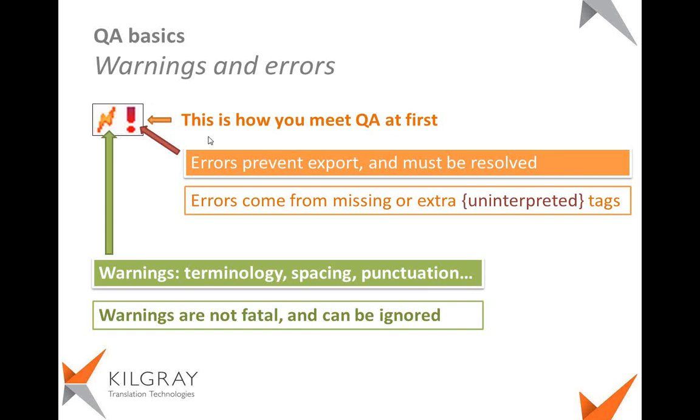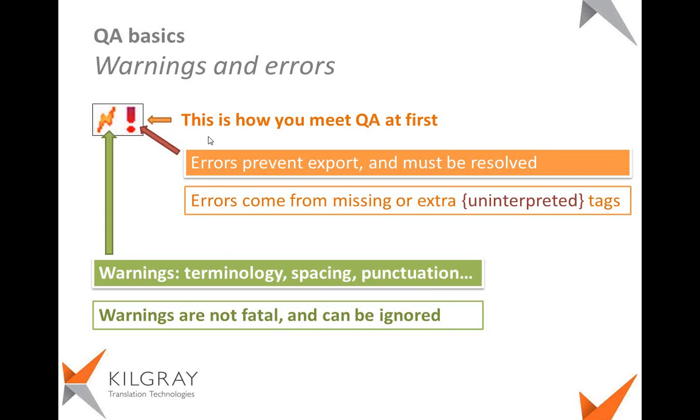These are coming from the so-called uninterpreted text. When you import a document, especially a legacy Word document into MemoQ, you might get tags between curly brackets, and between the curly brackets there are numbers.